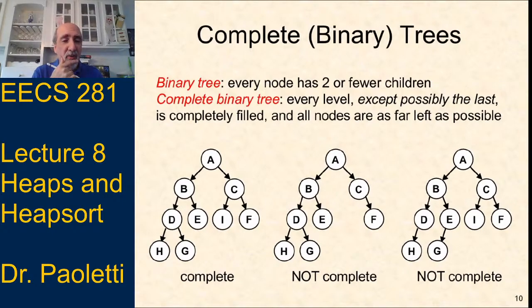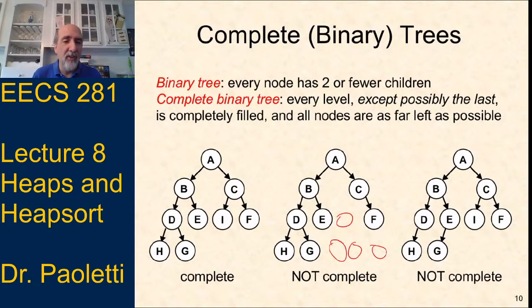So we can see the first one there is complete. It follows the rules. Every level except possibly the last is full, and in the only level that's not full, all of the nodes are as far left as possible. The middle one is not complete because we've got two different levels with things missing. That broke the rules about possibly the last.